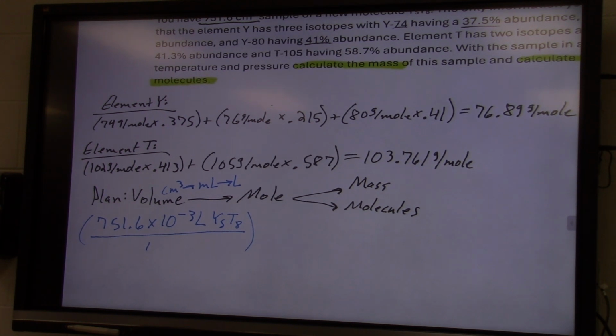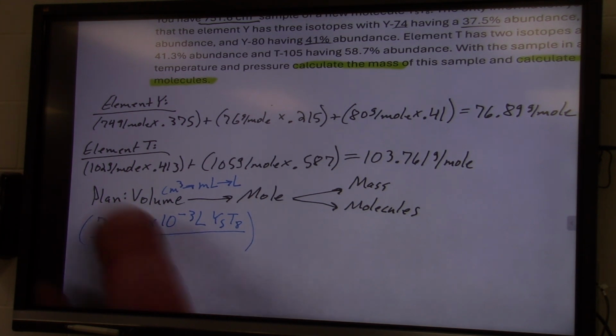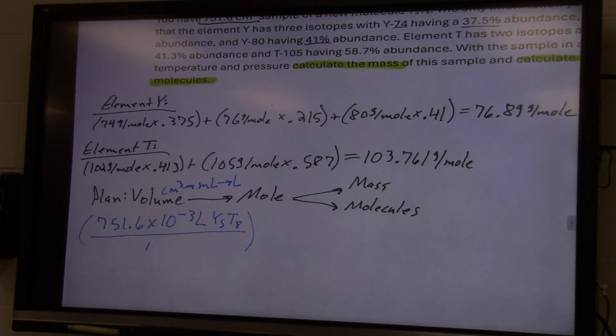Very good. Hey, I'm still seeing a couple mistakes. Hold on. Every time I type in for element T, I get 103.239. Did you type yours in wrong? No, because I typed it in like 4 times. It's tripping me out and I don't know why. So 102 times 0.413 plus 105 times 0.587.